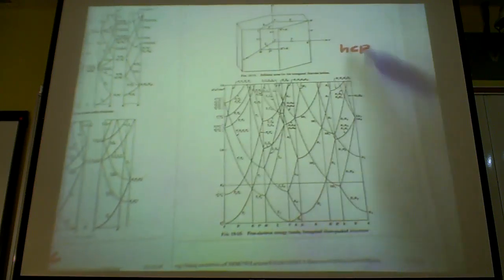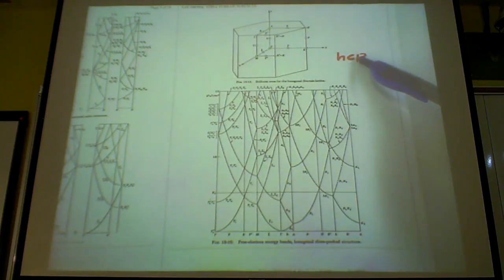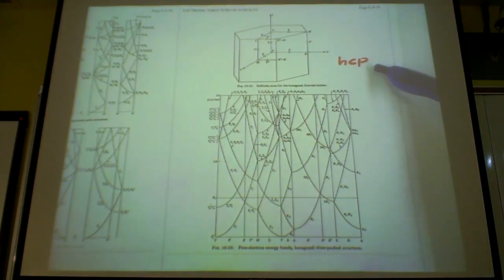So HCP, hexagonal close-packed, is another rather common crystal structure in transition metals. Remember the periodic table that we showed? They are mostly BCC, FCC, and HCP that you will find for transition metals. And so this is one of the common ones.